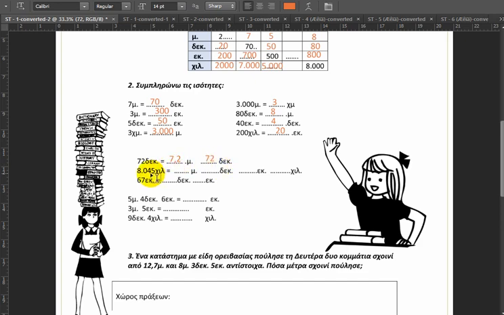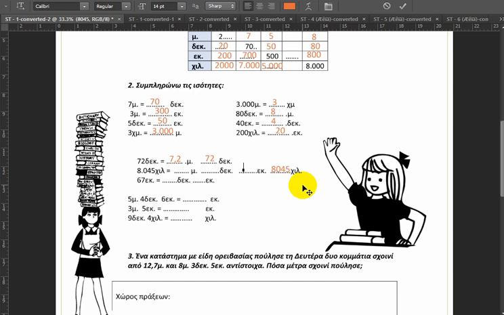Next up, we want 8,045 millimeters into meters, decimeters, centimeters, and then millimeters again. Well, we already know how much it is in millimeters. It's 8,045 millimeters.